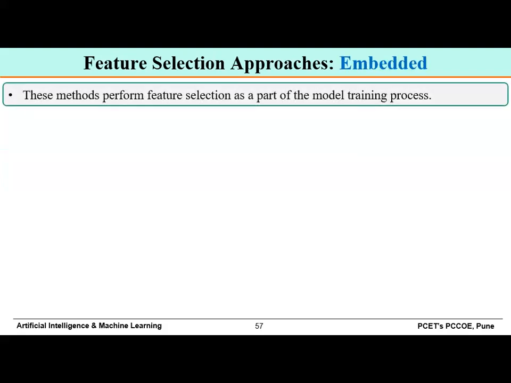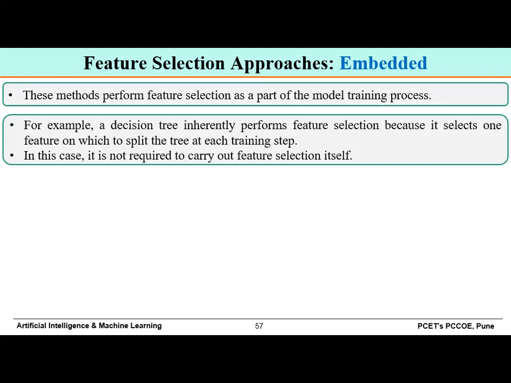Then the embedded approach. This method performs feature selection as a part of the model training process. And we saw the example of the decision tree. What we did in the decision tree, we have a set of data, and based on the data, we have to make a decision on how to split it. In a class, girls and boys are there, and corresponding marks are also given to you.